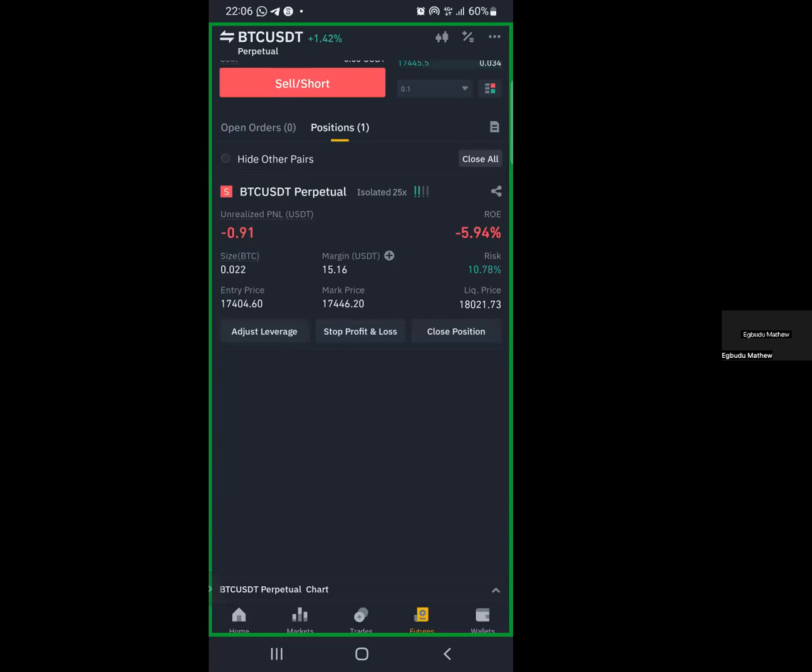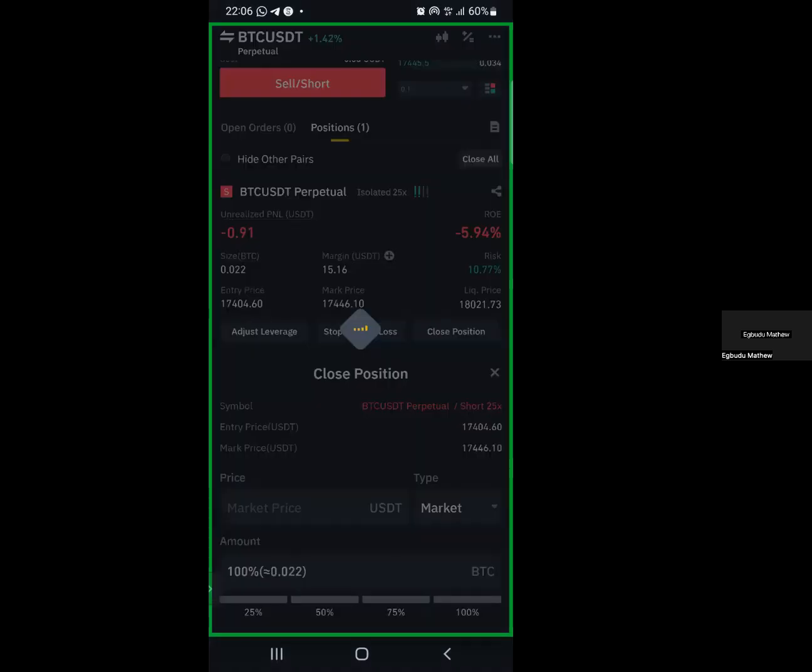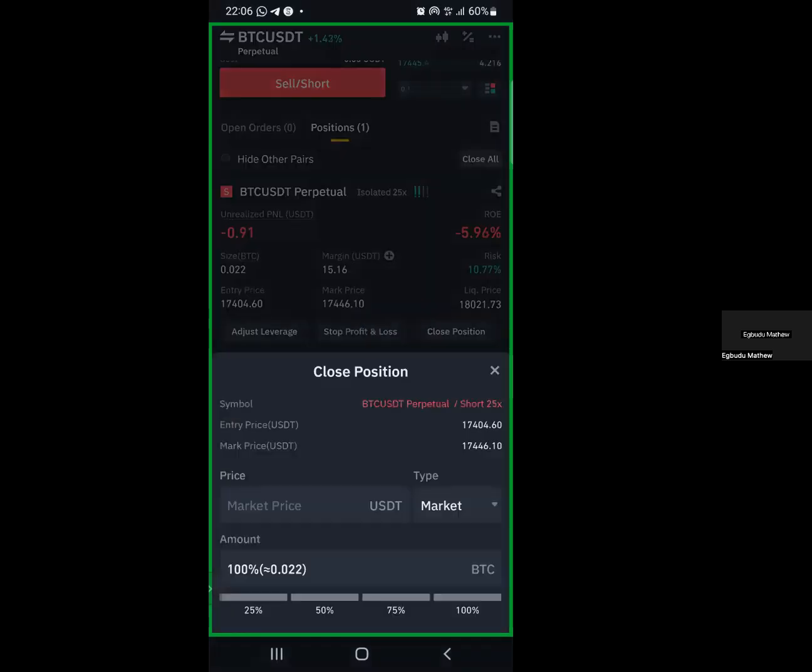It will only be realized once I click on my close position. At that point, my realized PNL will be 0.91 cents. But if I'm on plus $3, plus $10, my realized PNL is going to be $3.6.